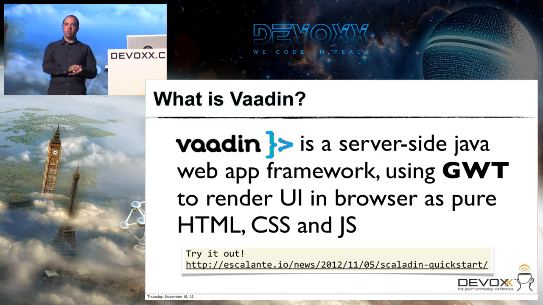Finally, to finish a little bit with Escalante, Escalante is quite in its infancy so far. I did a 0.1 release a couple of months ago, but I've got more cool things coming up, including integration with SBT, which is a simple build tool, a very popular build tool within the Scala community. I've also got some support for Play coming up as well, so that's going to be some interesting work that I'm going to be doing.